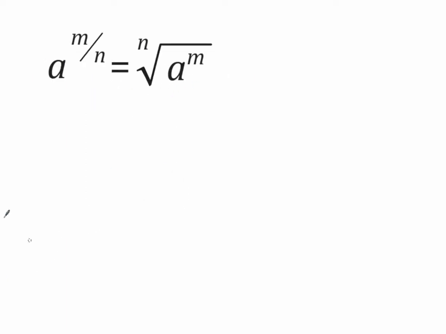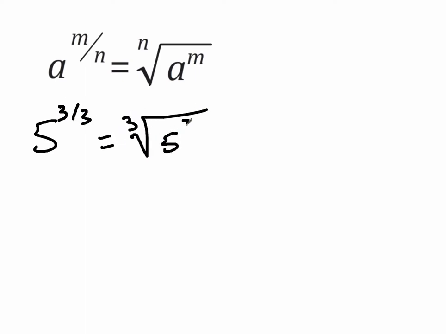Okay, so in general, a raised to the m over n is the same thing as the nth root of a raised to the m. So let's look at that. We had a 5 cubed, so let's say 5 to the 3 over 3 is equal to the cube root of 5 to the 3.